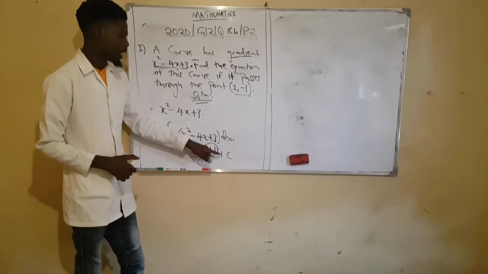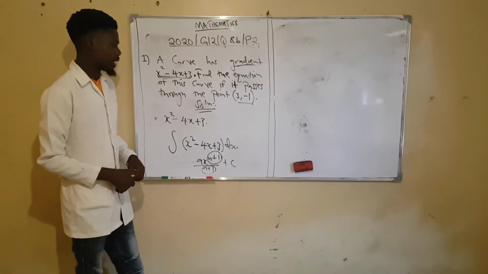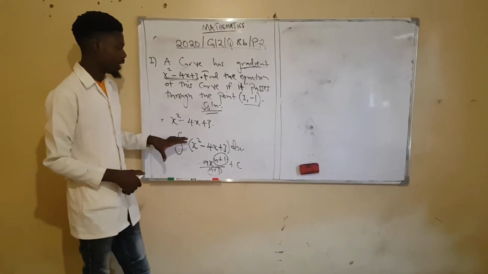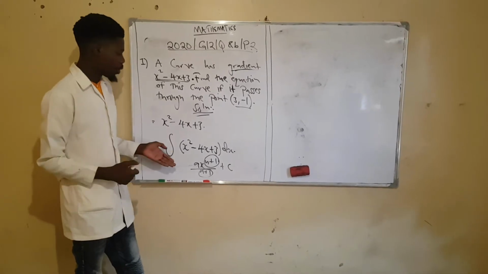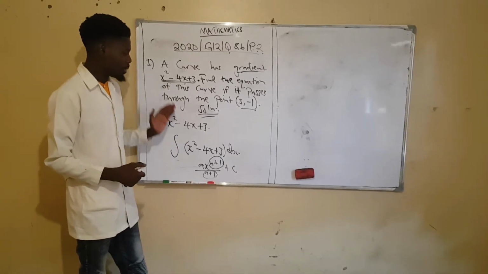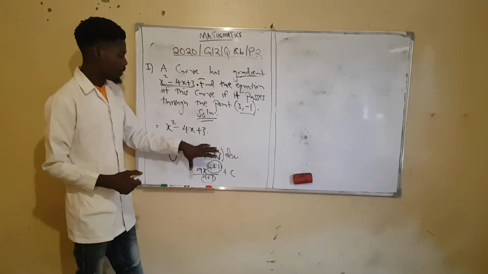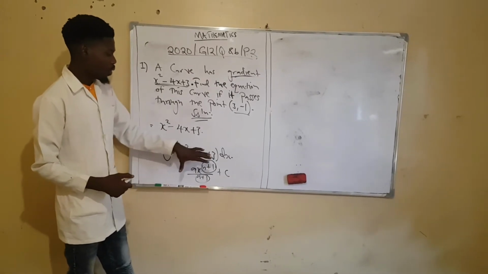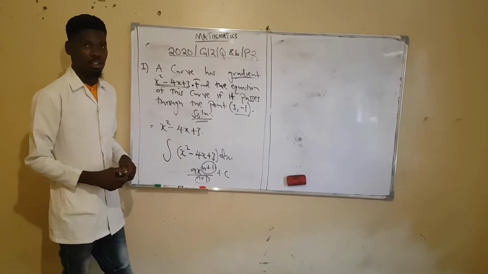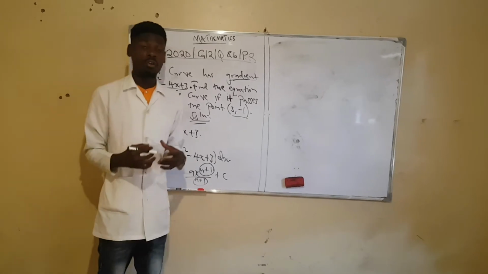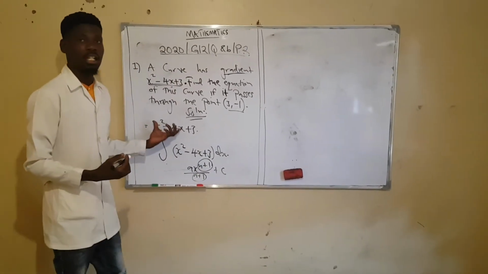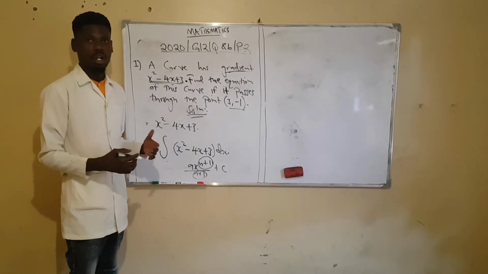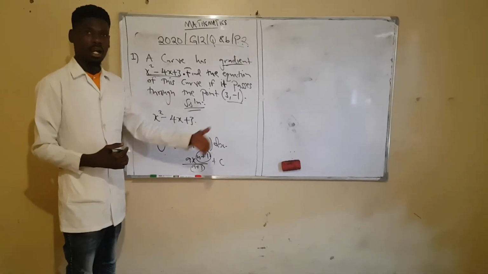And then after you are done, you must add the constant c, because we haven't been given what we call the limits. When we don't have the lower limit and the upper limit, the best you can do is to indicate the arbitrary constant, because what we have at this point is actually an indefinite integral. We don't know the lower and the upper limit.